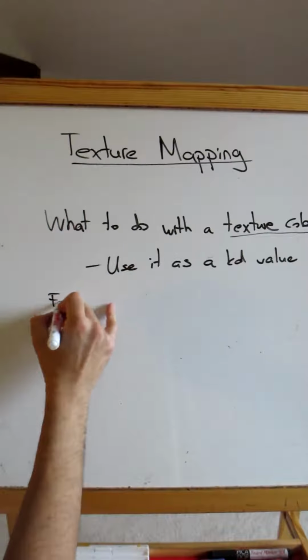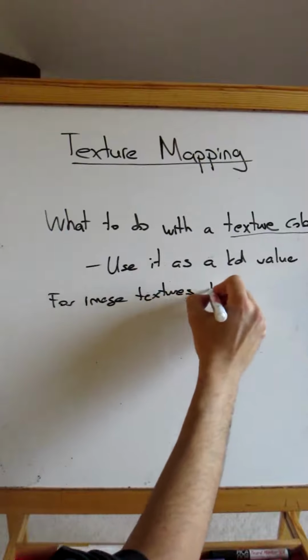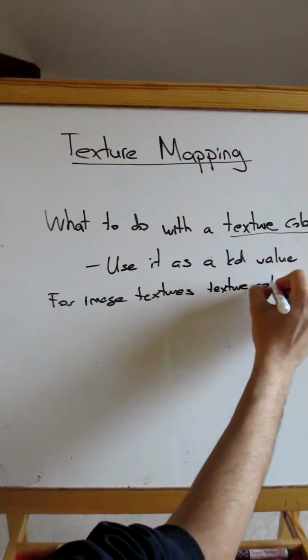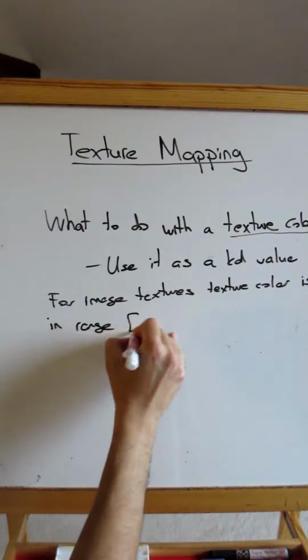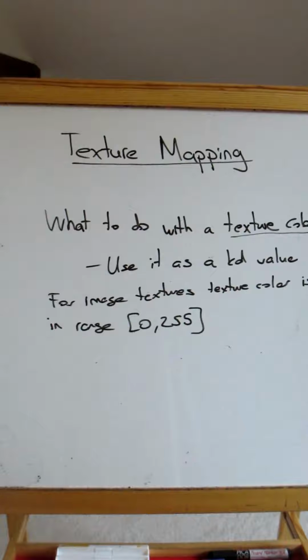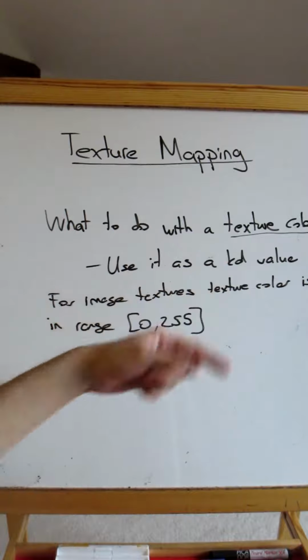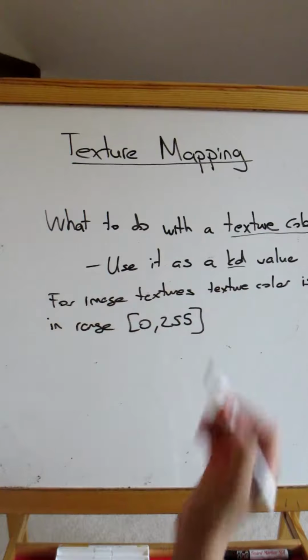So for image textures, the texture color is in the range 0 to 255, because these are 8-bit textures. Now, using such a value for KD is physically not realistic. So we usually normalize the texture value. We normalize it by 255 and then use it as the KD value.